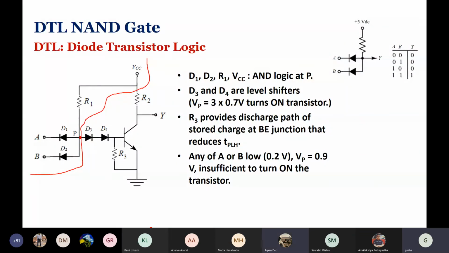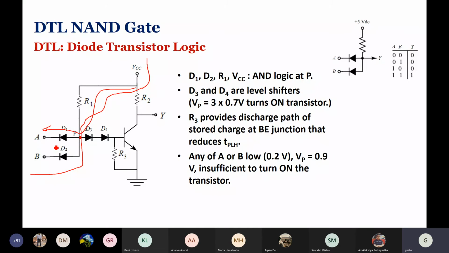When both A and B are high, D1 and D2 are reverse biased and no current flows through R1. Then VCC minus whatever small drop appears here, which is considered high. If any one of them is low, there is a path, so 0.7 volt will appear here and the current flows in this direction. So if any one of them is low, or both are low, P is low.